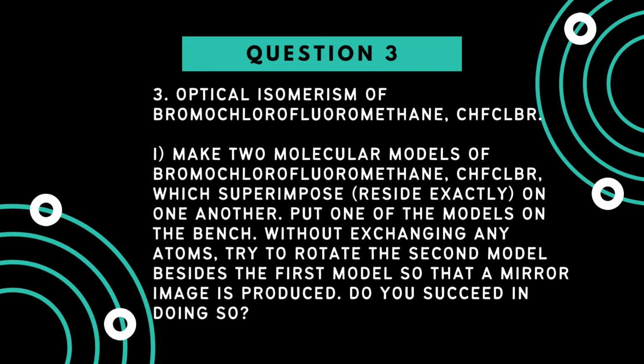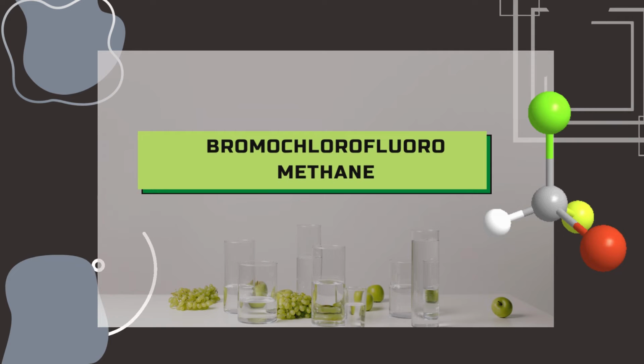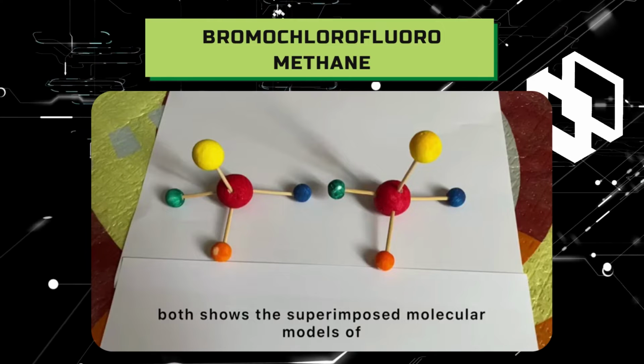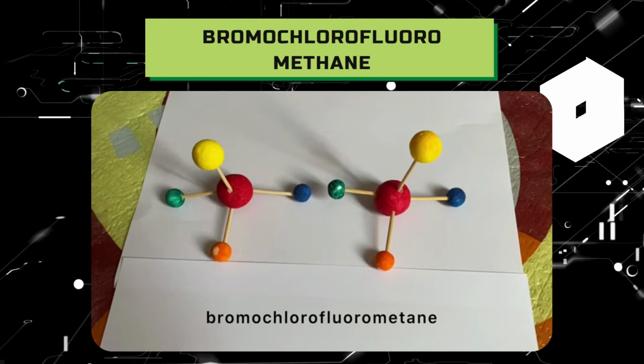For question 3, we have bromochlorofluoromethane. For this question, we want to see if a mirror image can be produced or not if the second model of bromochlorofluoromethane is rotated. Both show the superimposed molecular models of bromochlorofluoromethane.